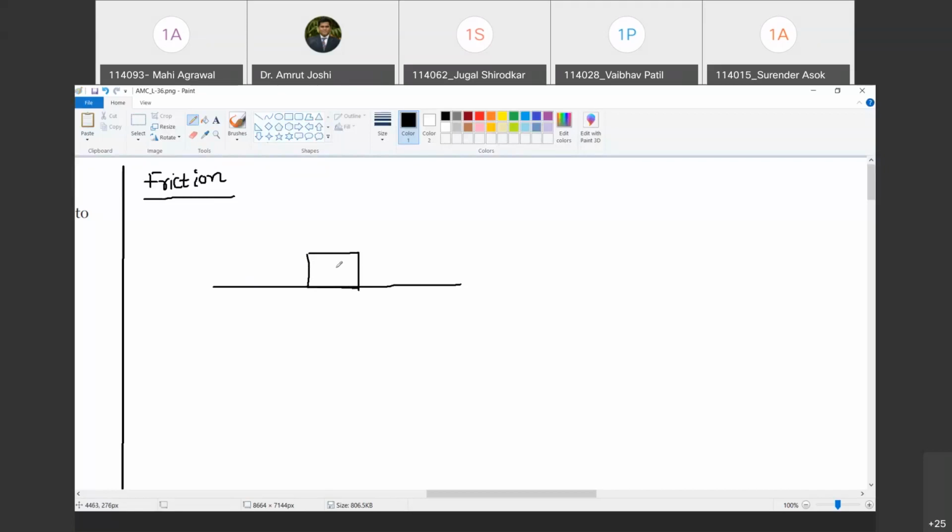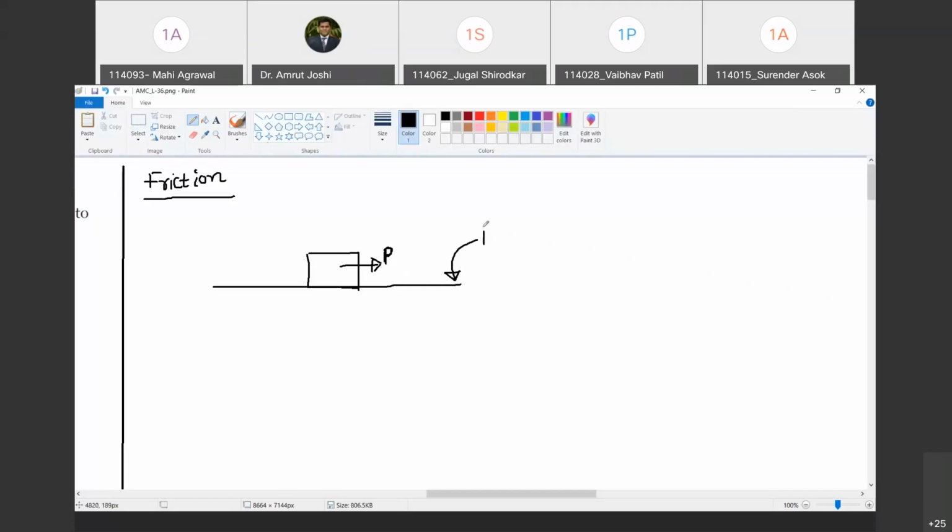Yes, sir. Now, let us say I have put an object on a tabletop and I am trying to apply force P here. Are you with me? Yes, sir. This object has not started moving yet under the action of this force P, but I am applying a force P. So now can you tell me which object does apply friction on which object?